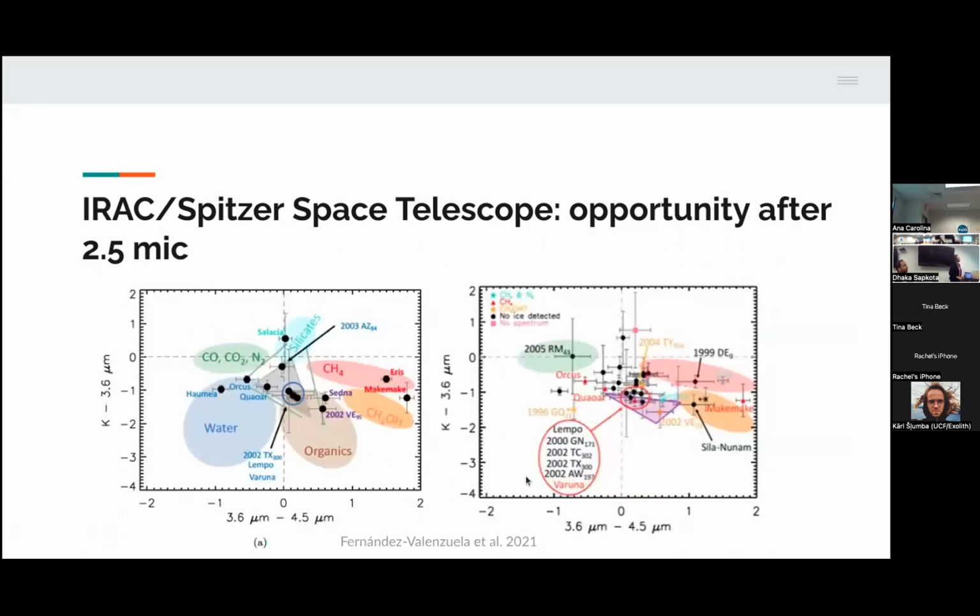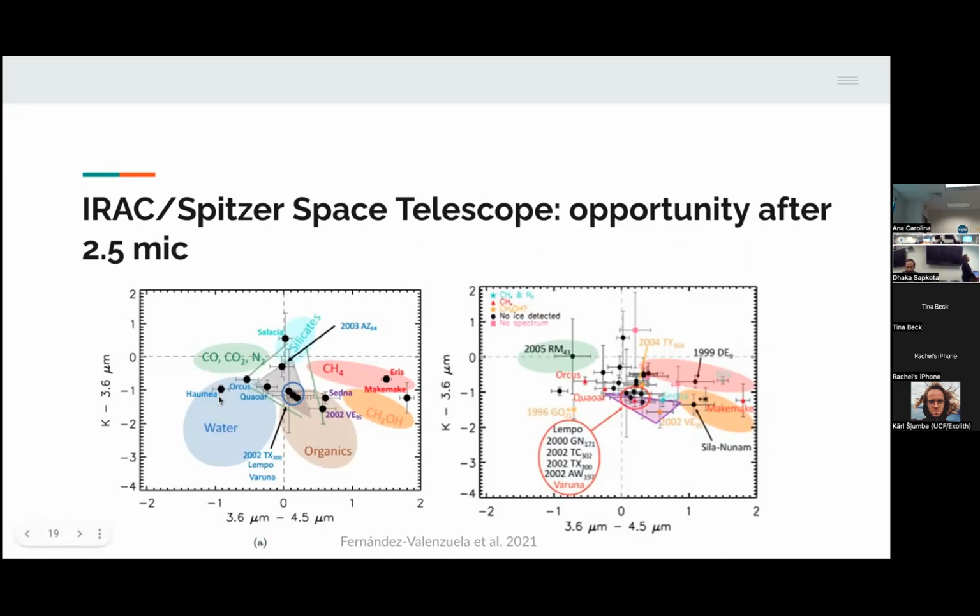So they put in the shape of maps the colors. We call colors the difference between filters. So the colors in channel 1 of Spitzer, and also the colors of the objects. In that way, you can map which object has which material.